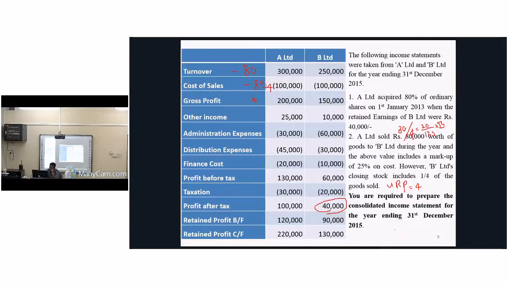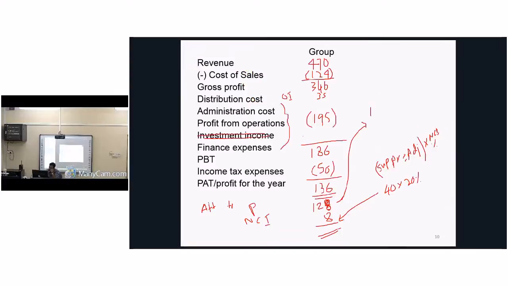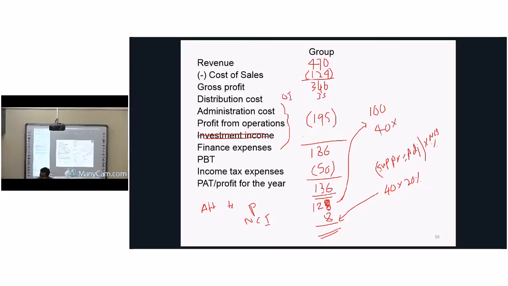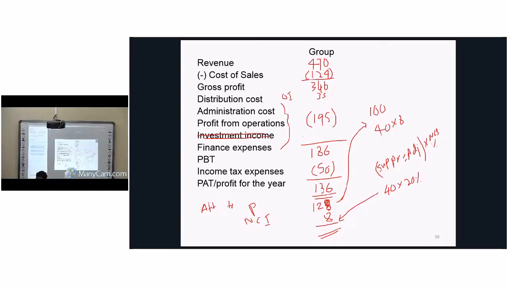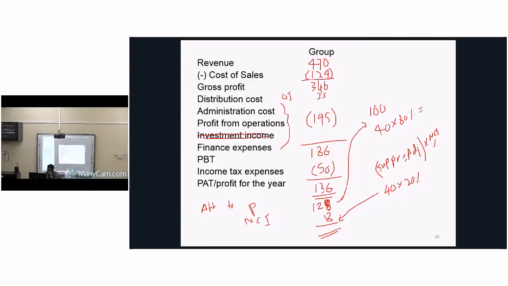Here 100. Subsidiary profit 40. Out of 40 we got 80%. 40 into 80% means 32. Right? And here, how much is it?